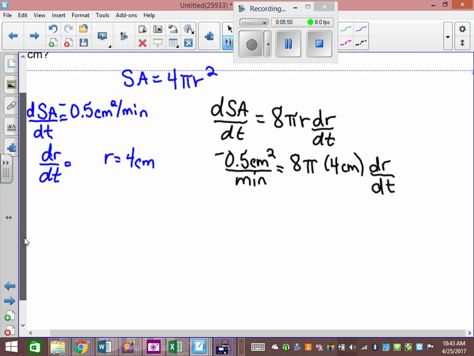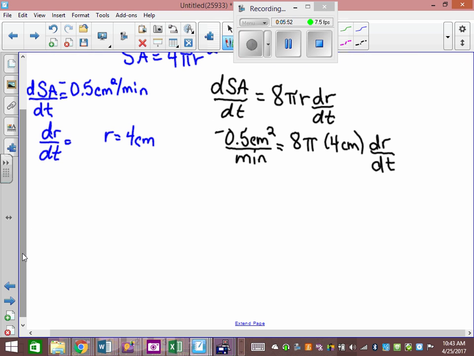You do not need a calculator for negative 0.5. 0.5 is a half. You know that. Turn it to a half. So you're going to get negative 1/2 centimeters squared per minute equals 32 pi centimeters dr dt.